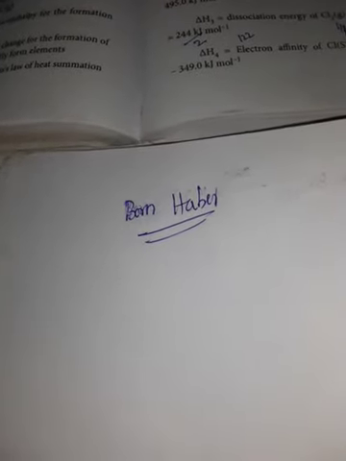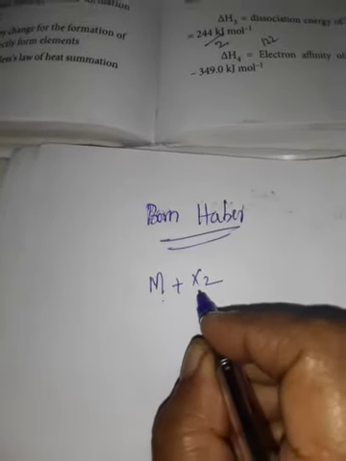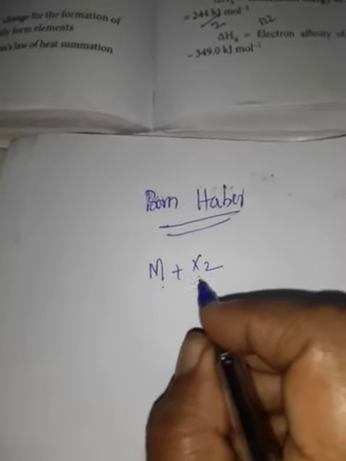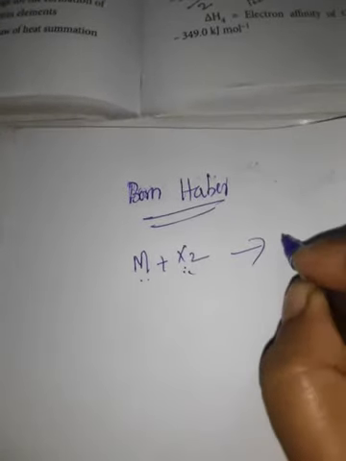They gave a process called the Born-Haber cycle. This cycle is concerned with the formation of an ionic compound by the reaction of a metal with a halogen. Metal with a halogen means chlorine, bromine, iodine, etc. So a metal combines with a halogen to form an ionic compound.